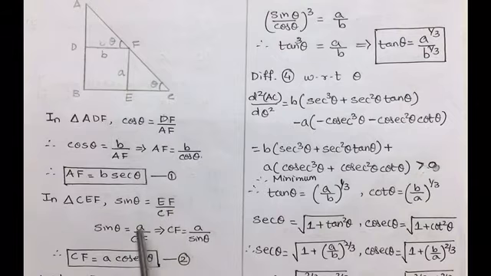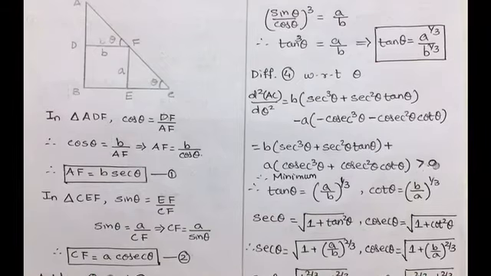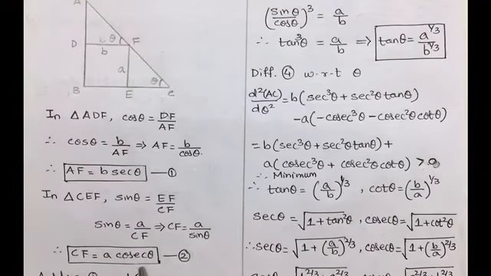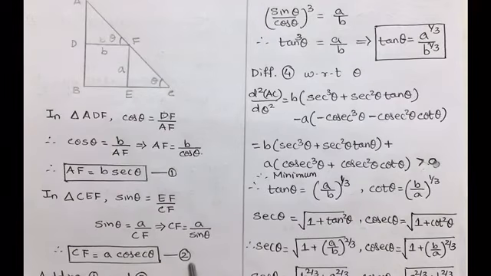EF is A, so sin theta is equal to A upon CF. CF will become A upon sin theta, and 1 upon sin theta gives CF is equal to A cosec theta. So marking this statement as 2.